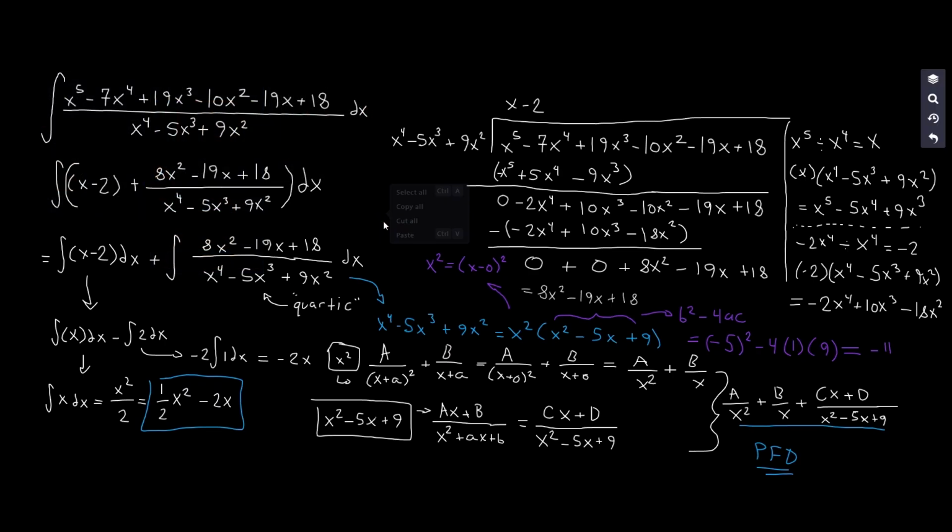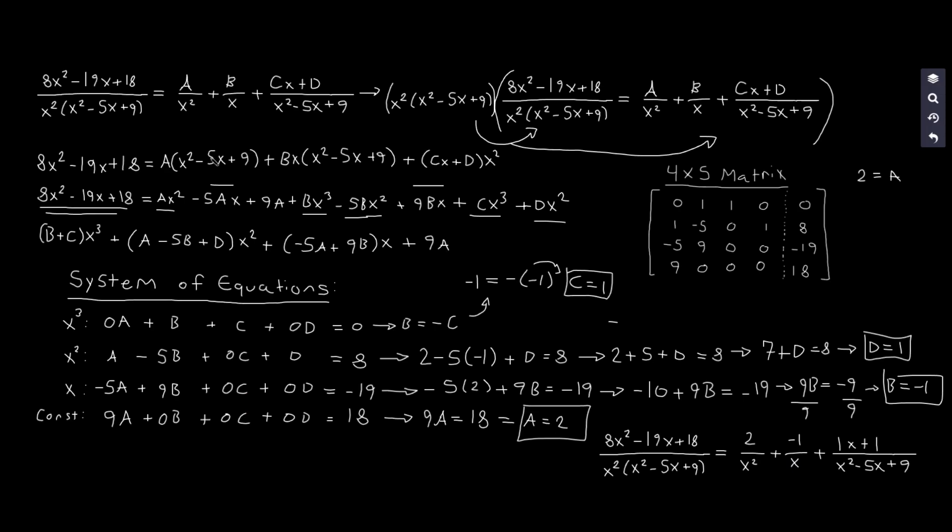We'll use orange. For this entire integral, we split off two more integrals, and we found this here to be the answer, the combination of both of those two integrals that we split off. This quartic integral here required partial fraction decomposition, which is what we worked on through this portion. Then we brought it over here.